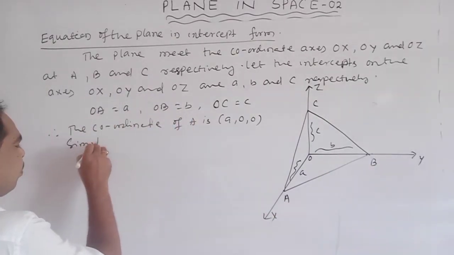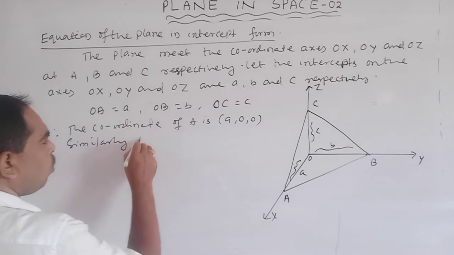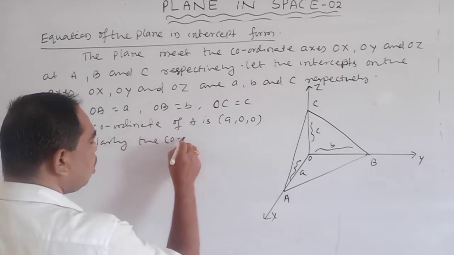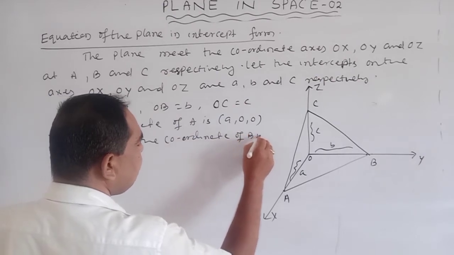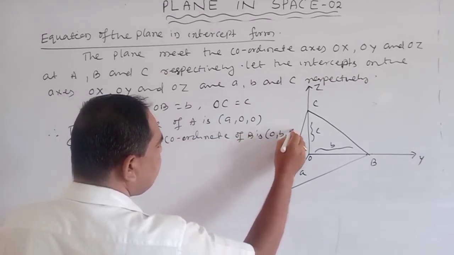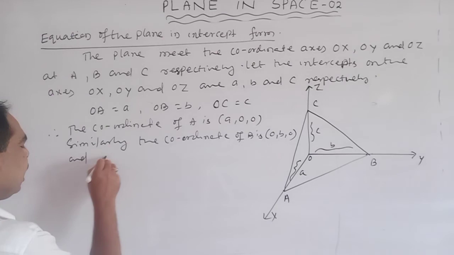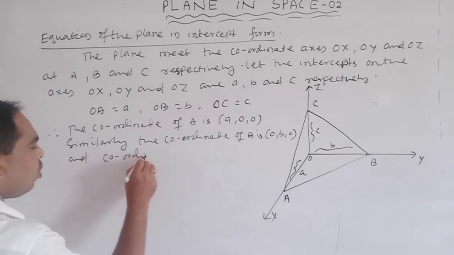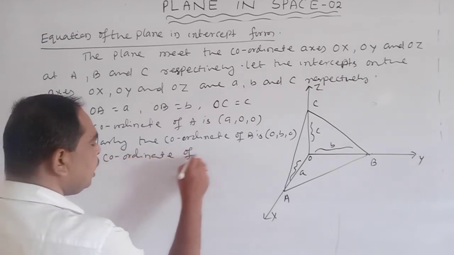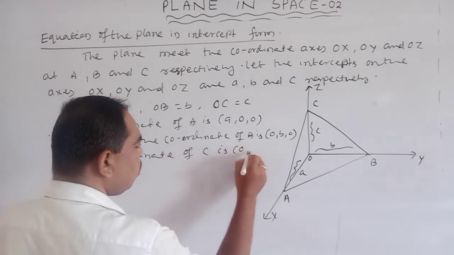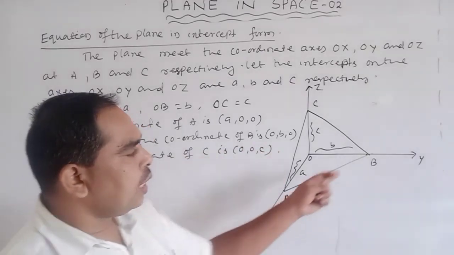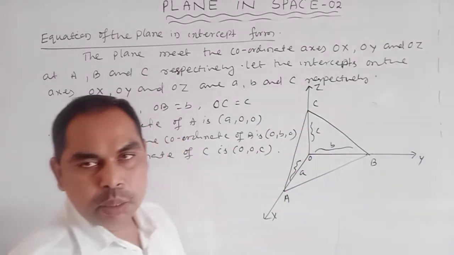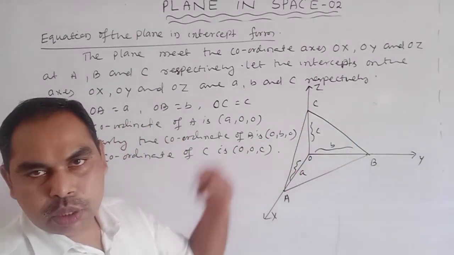Similarly, the coordinate of B is (0, b, 0) and the coordinate of C is (0, 0, c). So these 3 points are non-collinear points. They form a triangular plane.